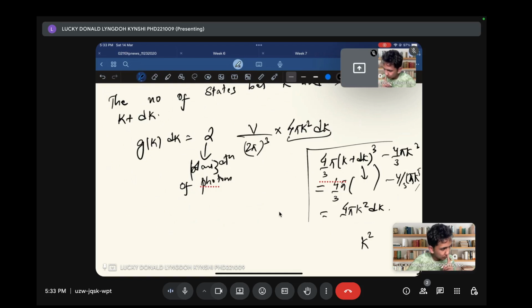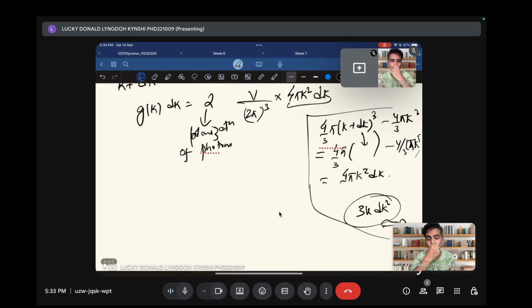That means you will get 4 pi k square dk, but the term which you have to assume to be 0 is 3k dk square. Since dk is small, dk square is very small, so you can approximately set it equal to 0. That's why you have 4 pi k square dk. So this is the density of states in your interval k and k plus dk.